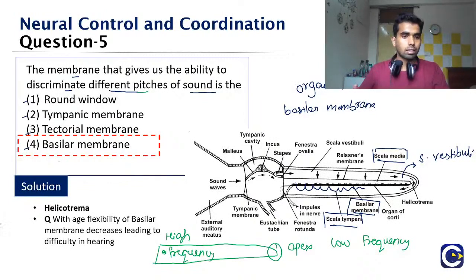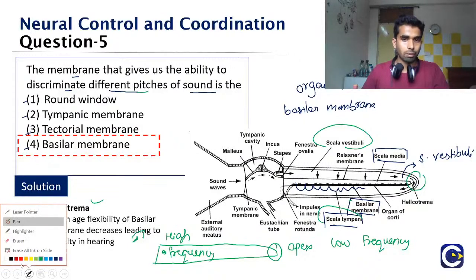And the other thing that was asked in the examination is the helicotrema. Helicotrema is this region that you can see here. It is the region where the scala media connects with the scala vestibuli and the scala tympani. And you know that with age, old people have hearing defects, isn't it?